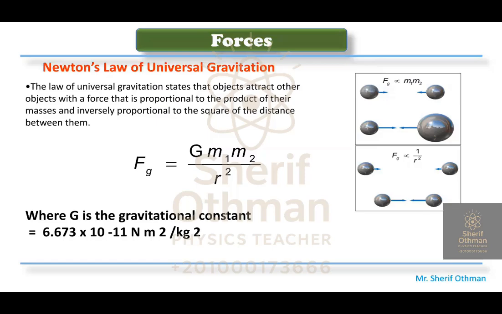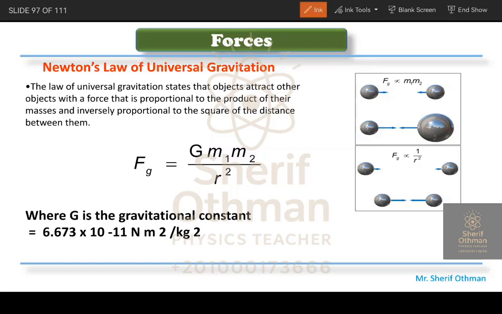So we can say that Fg is equal to G m1 m2 over r squared. m1 is the mass of the first object, while m2 is the mass of the second object, and r is the distance between their centers, while G is the gravitational constant, which is equal to 6.673 times 10 to the power negative 11 newton meter squared per kilogram squared.